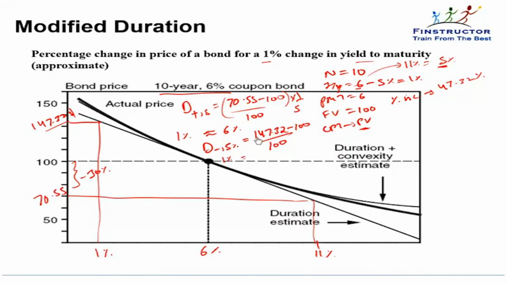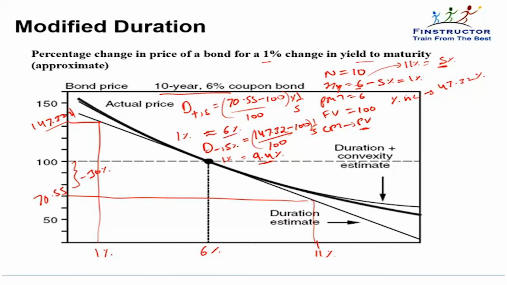It will again be 1 by 5 of this, which we can calculate as 9.4% approximately. So for a 1% decline in yield, the change is coming out to be 9.4%. And for a 1% increase in yield, the change is coming out to be 6%.